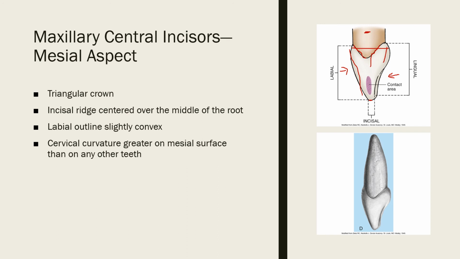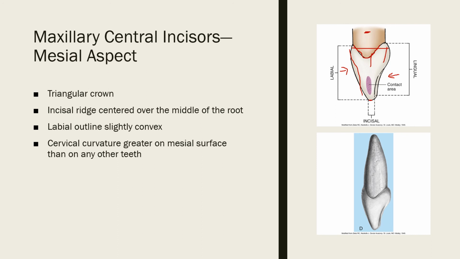So if you have a tooth in your hand and you're having a tough time determining if it's the right or left, look and see. Say there's a bunch of wear here and you can't see the sharper mesial angle. You're going to look at the curvature. Which side dips towards the enamel, towards the incisal edge more?